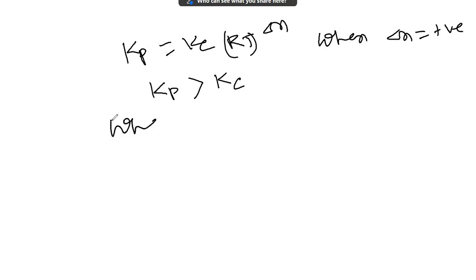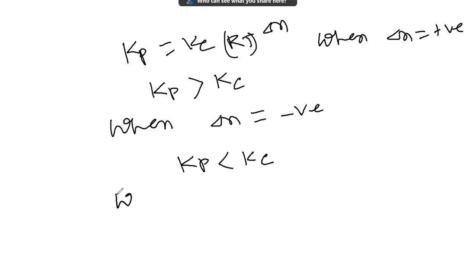When del n is negative, Kp is less than Kc. When del n is equal to 0, Kp equals Kc.